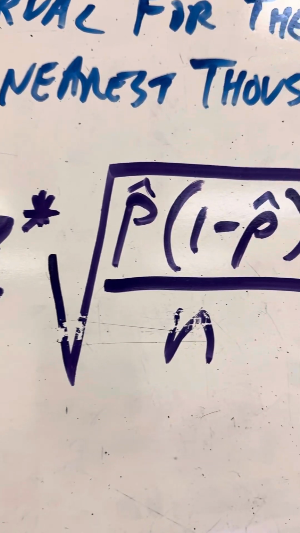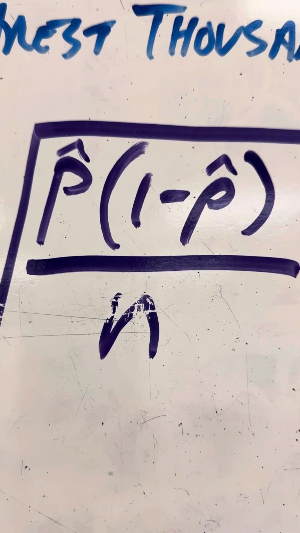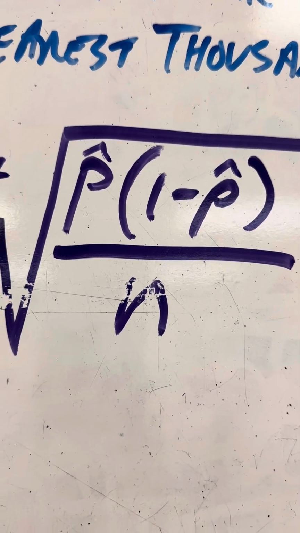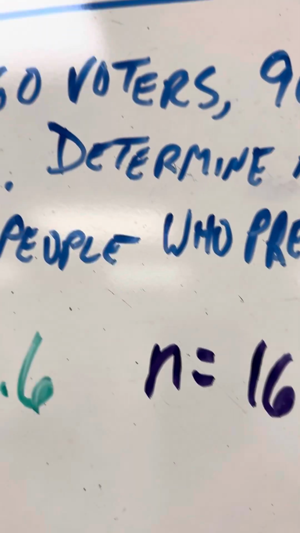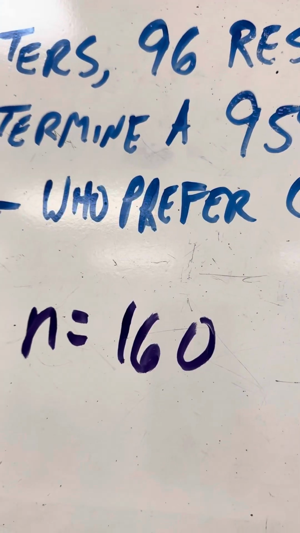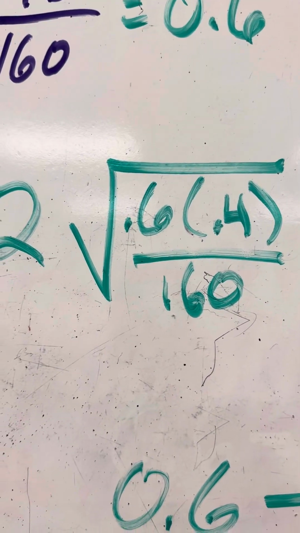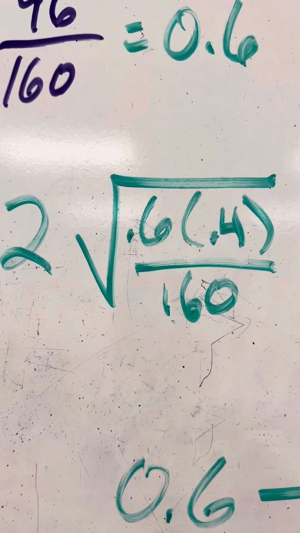So 1 minus P is going to be 1 minus 0.6, which is 0.4. And of course N is 160. So we're going to do 2 times the square root of 0.6 times 0.4 divided by 160.